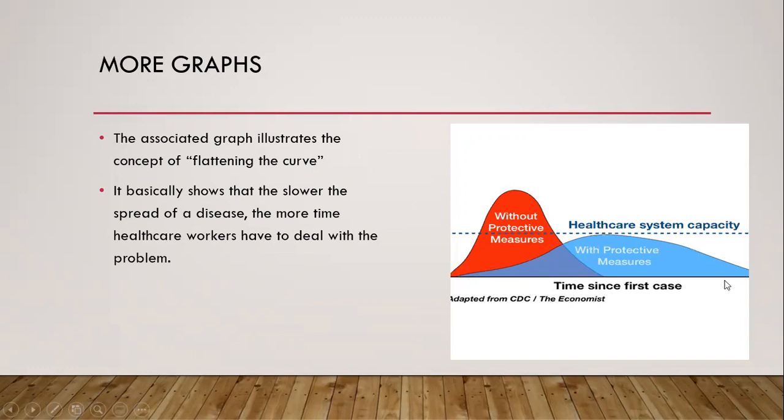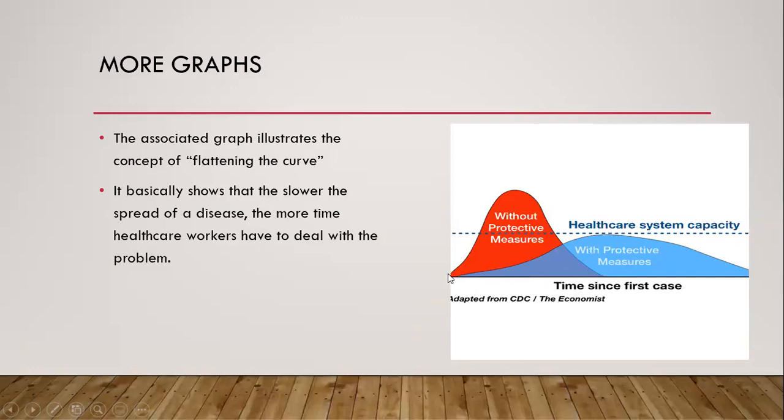We basically want to make sure that we don't overwhelm the healthcare system with lots and lots of cases. If we do it without protective measures, you get a whole bunch of cases in a short amount of time, which basically brings our healthcare system to its breaking point.